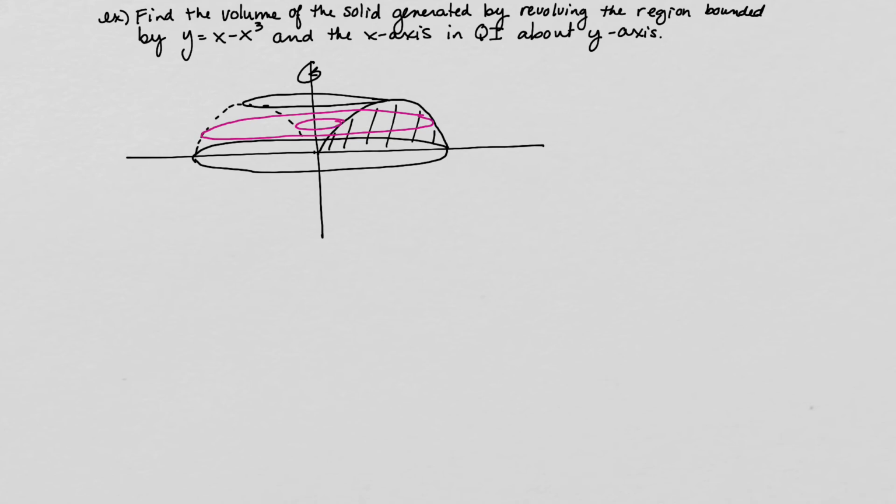So I'm going to get rid of my washer here, and instead I'm going to stick in a shell. I like to put in just some random shell. So I put in a vertical line, and I mirror that vertical line on the other side. Then I think about making my shell.